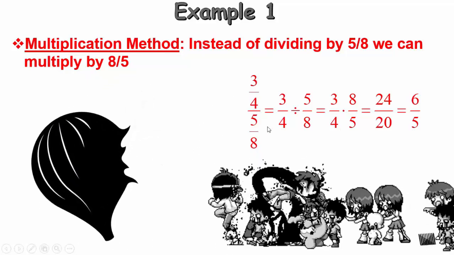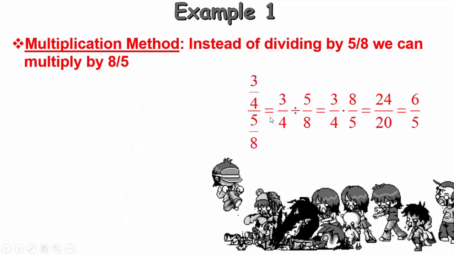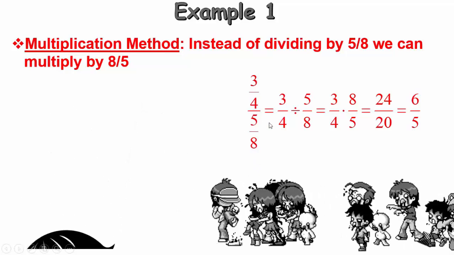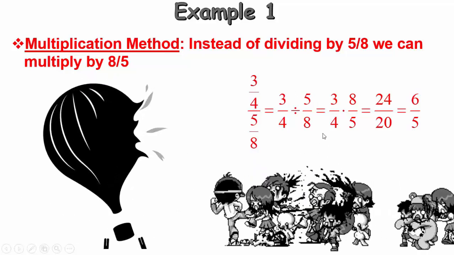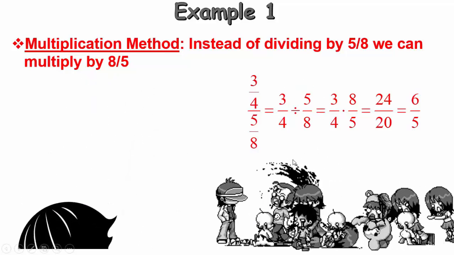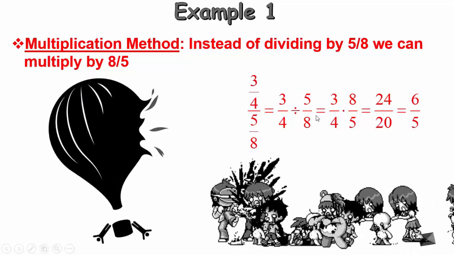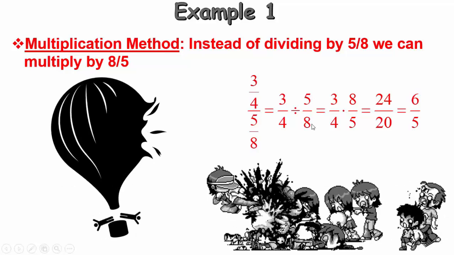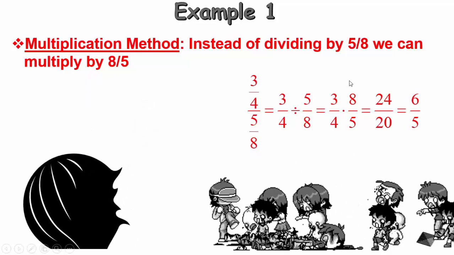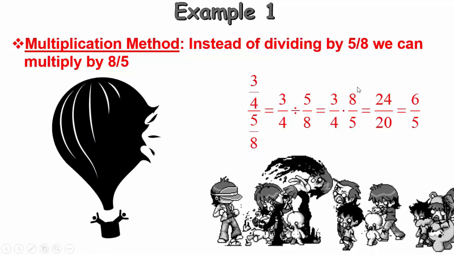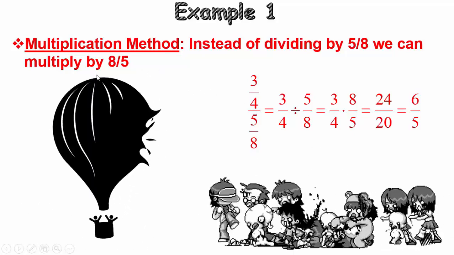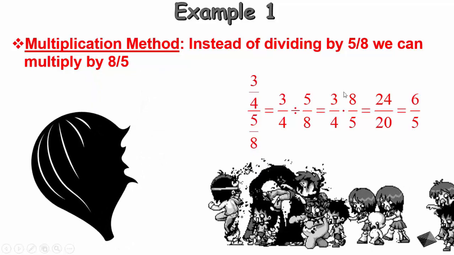So instead of dividing by 5/8, what we do is we turn this into a regular fractional division problem. And then, as one usually does in a regular fractional division problem, we turn this upside down, turning it into a multiplication problem, and that's why this is called the multiplication method.